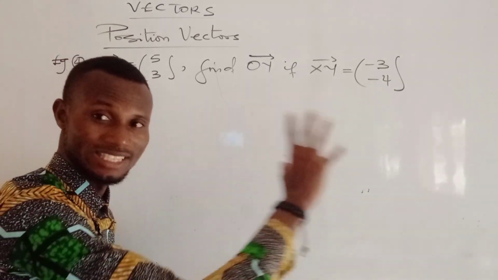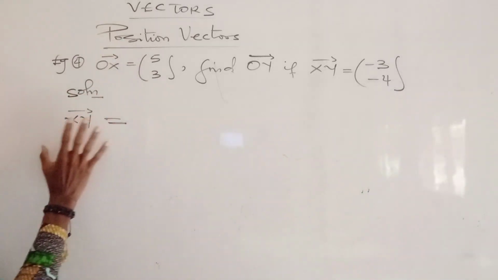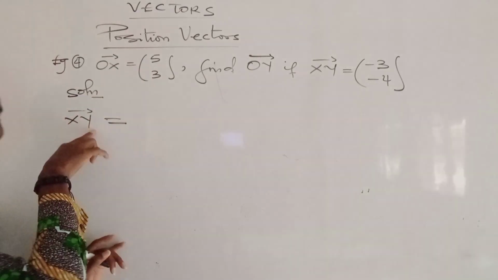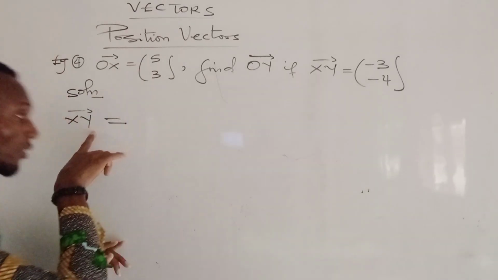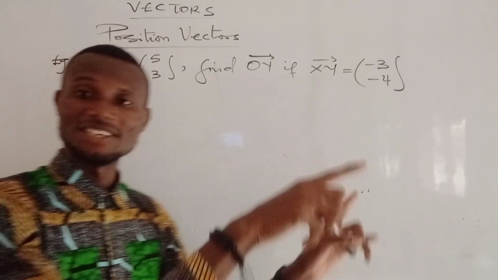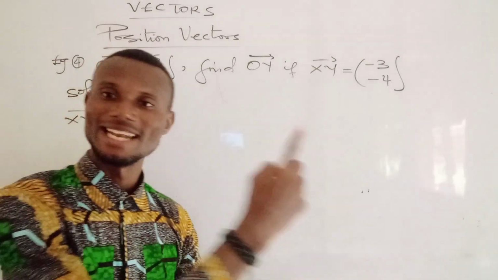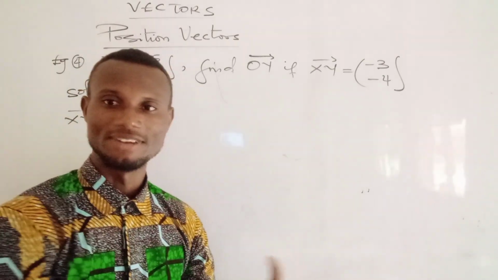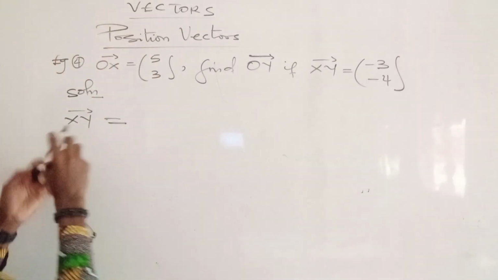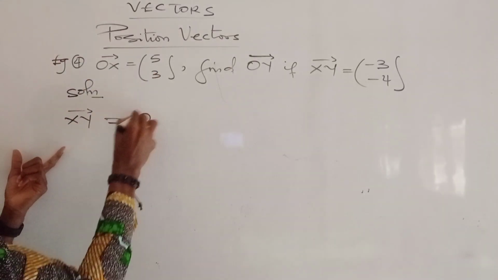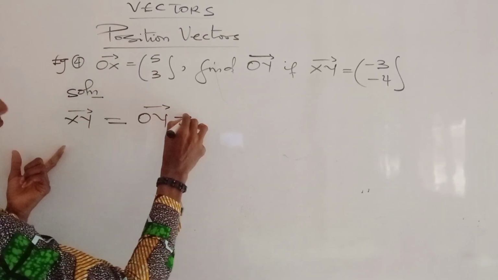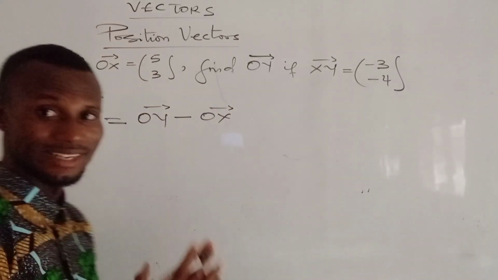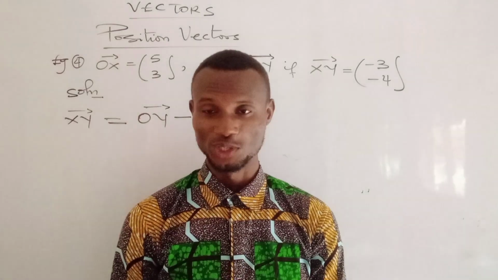That is how we are going to get the vector SY. So the expansion of vector SY is going to be the vector OY, the position vector of the last letter, minus the position vector of the first letter. So my SY is going to be OY minus OS. I hope you understand and you agree with me up to this point.